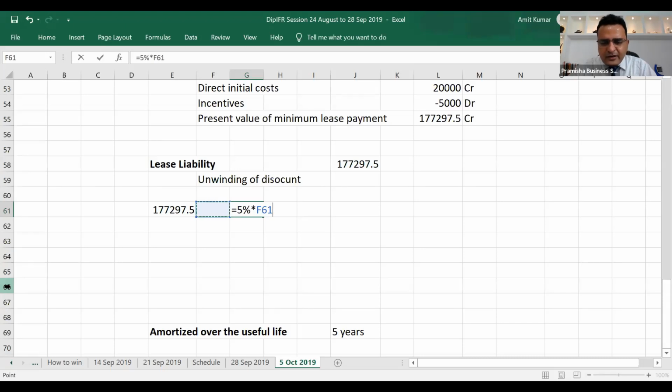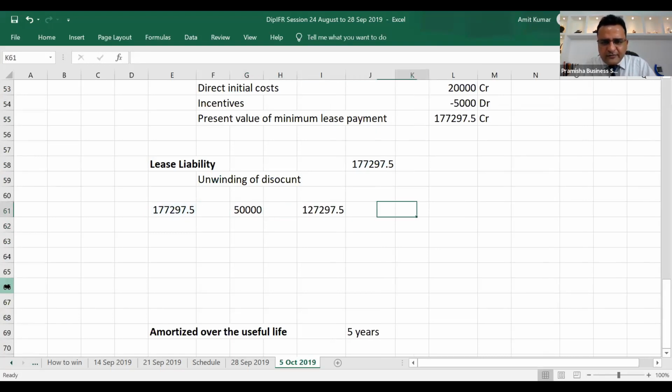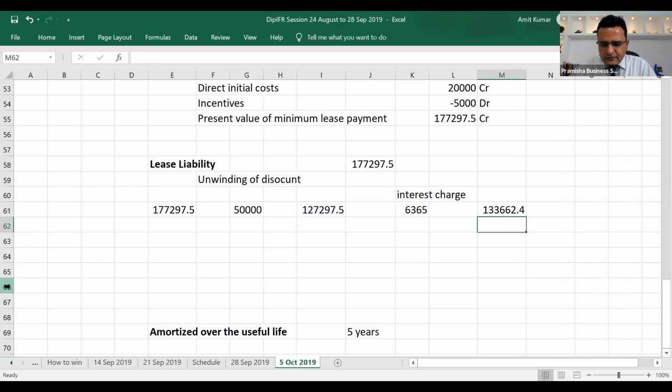Now this is at the beginning, on the inception. There's an early repayment, 50,000 at the beginning of the year. On it, there will be an interest component of 5%, which will be shown as finance charge. Into 5%, the total balance will be, which becomes the opening balance. At the previous year, 50,000 they again pay.